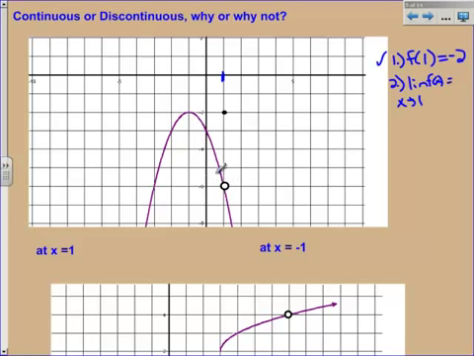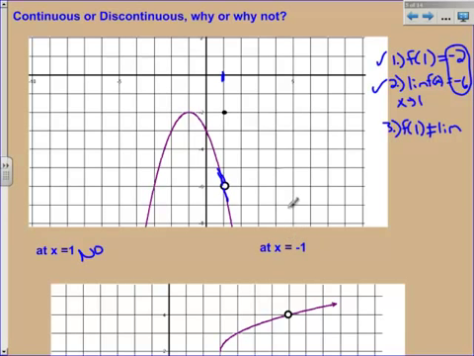Well, that limit would be from the left and from the right. That limit is negative 6. So the limit exists. However, that third check is the fact that f of 1 does not equal the limit, because these two numbers are not the same.